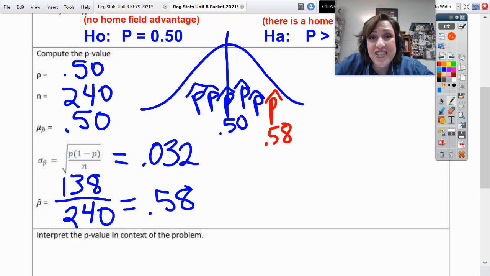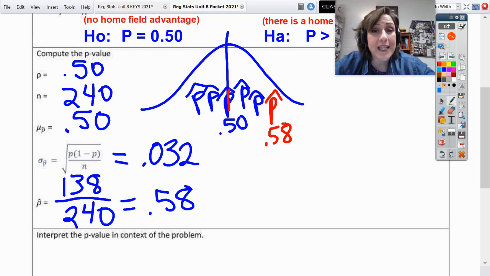Is this sample just a little bit far away from the middle, or a lot far away? Is it far enough away that we go, whoa, I'm going to reject the null hypothesis and conclude the data is centered greater? Is it unusually high, or is this just sampling variability?